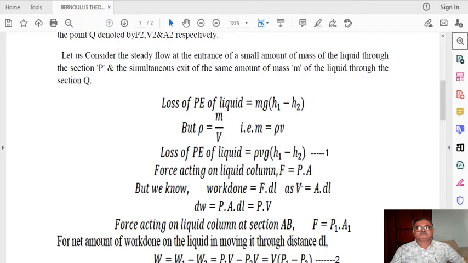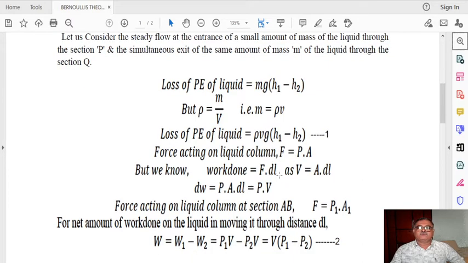See now, the force acting on the liquid column. We are aware that force equals pressure into area.